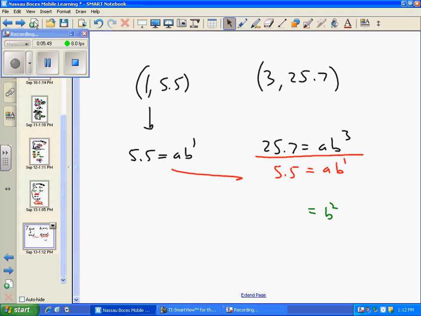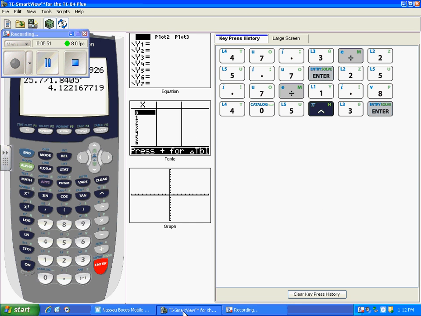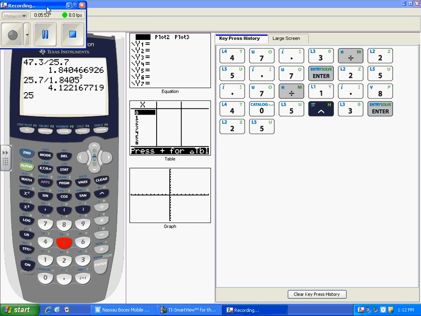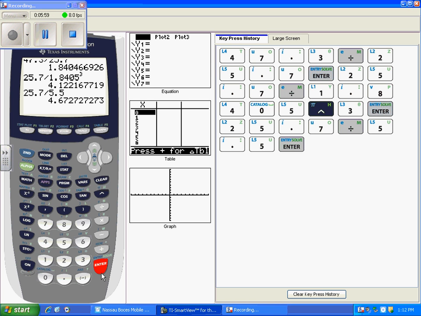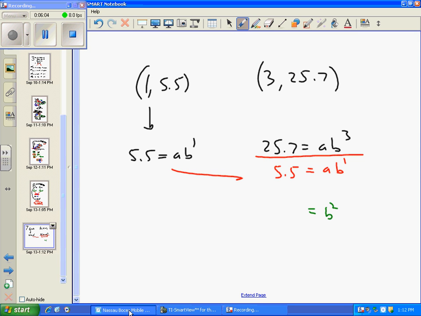On the left, you get 25.7 divided by 5.5, and it gives us 4.6727. And to get b now, you need to take the square root of this b squared.